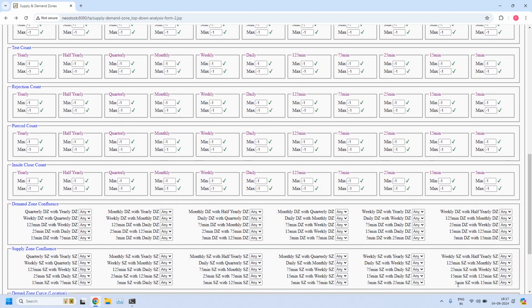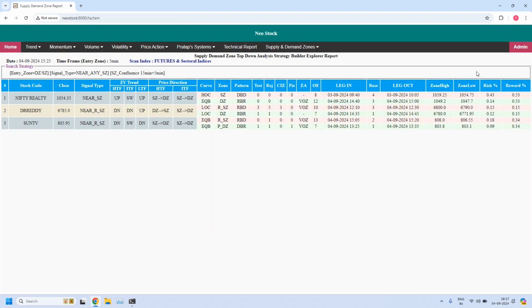I am enabling the filter. Now let's verify. So 3 stocks are filtered. These 3 stocks are having a supply zone confluence. That means 5 minutes and 15-minute supply zone confluence.